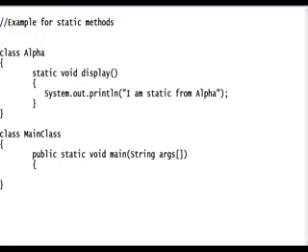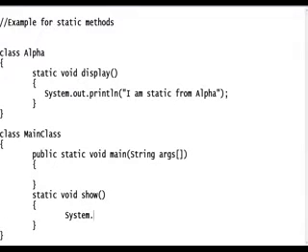Also I want to write one more method here, static void show, from the main class. So we have written two methods in the main class, one show method and one main method.